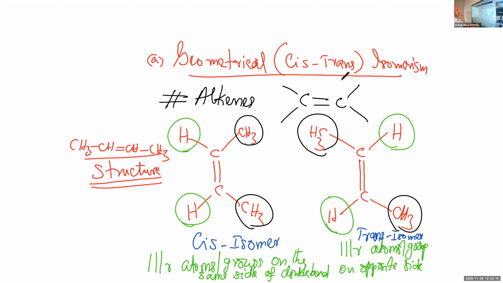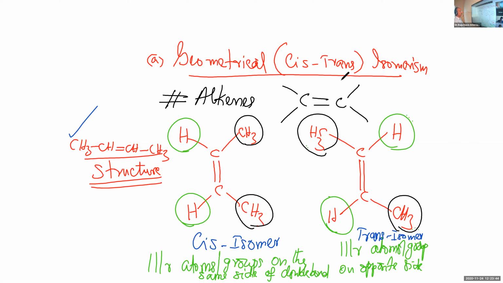You can see that both these compounds have the same molecular formula, the same structure, the same bonding nature. Same structure, same bonds, but the positions of similar atoms or groups are different.